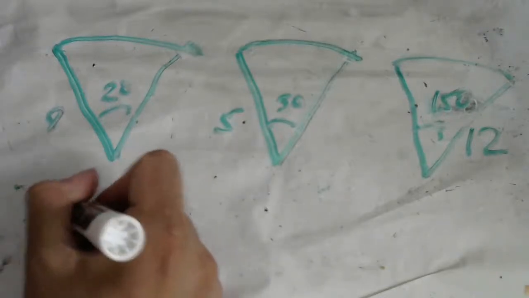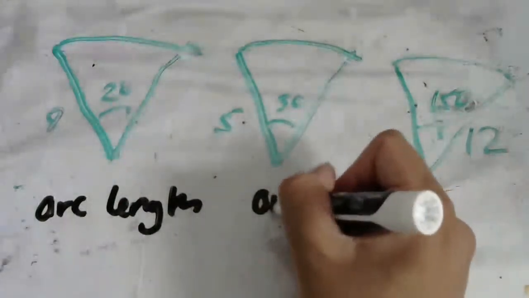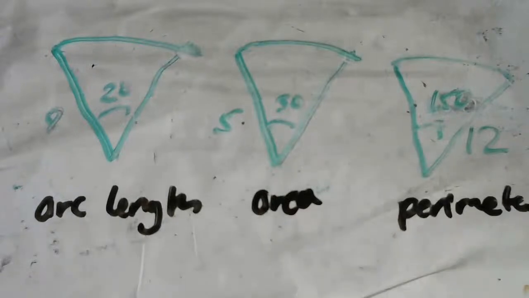So it's arc length, area, perimeter, okay? And while you're doing that, I'm just going to check the answers you gave for the previous question just to make sure you got them right, okay? Yep, looks good to me.